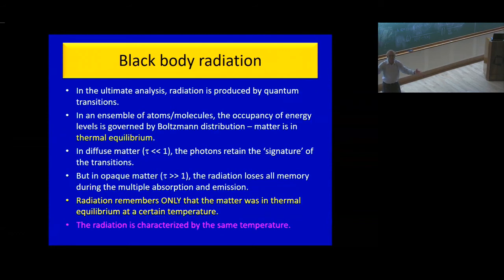And that was Kirchhoff's argument. Therefore, the spectrum of radiation from a black body cannot depend on any property other than the temperature. And therefore, this spectrum of radiation has lost all its memory, and it remembers only the temperature of the body with which it itself came into thermal equilibrium.